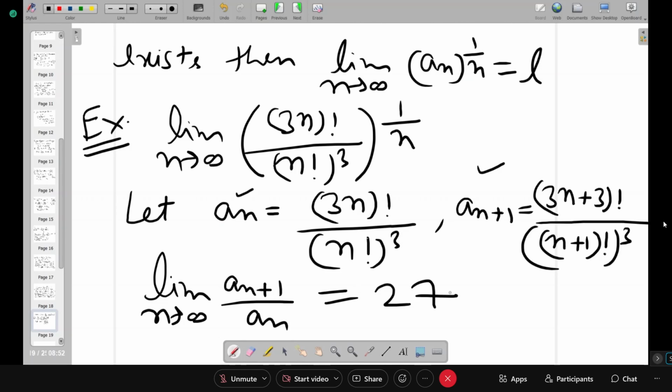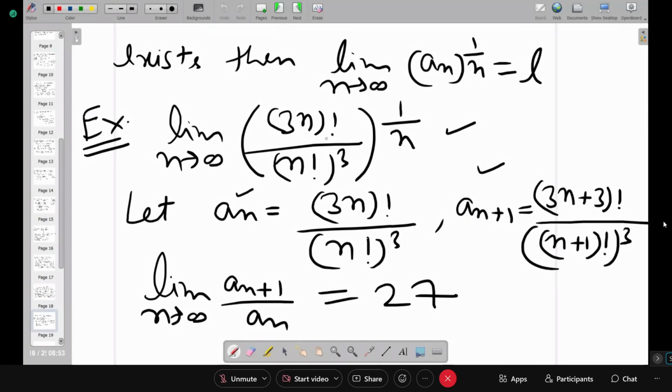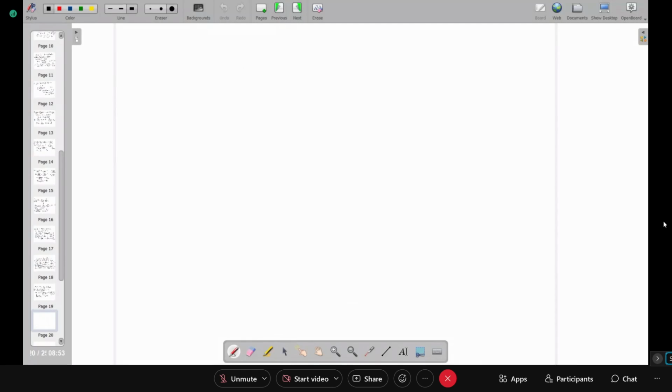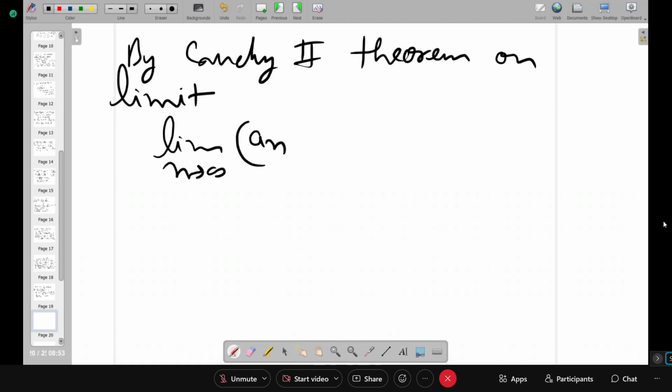So the limit of this is 27, so the limit of this is also 27 by Cauchy second theorem on limit. If this limit exists, then this is equal to this. So you can say the limit of an to the power 1 by n is also 27.